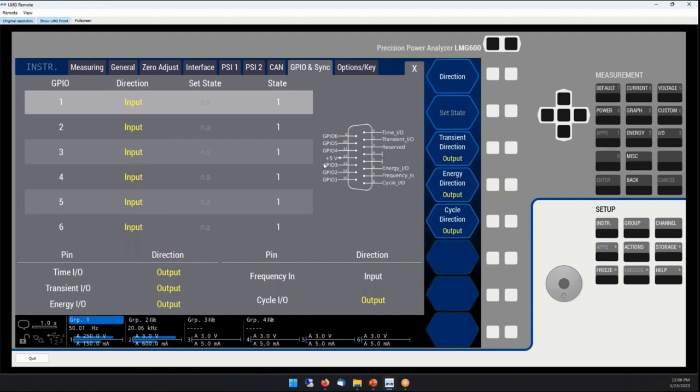For example, we have here a general purpose input-output interface. These are all 5-volt inputs and outputs. So you can say, okay, if something happens, if I press a certain button, or you can even write a script and say, okay, if the voltage goes to that level and stays that for 5 minutes, then set the pin from 0 to 1 and the other pin from 1 to 0. In other words, switch my circuit, start discharging and stop the charging circuit.